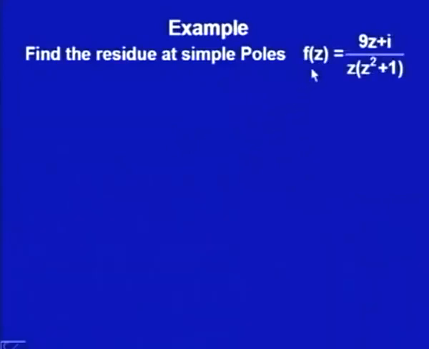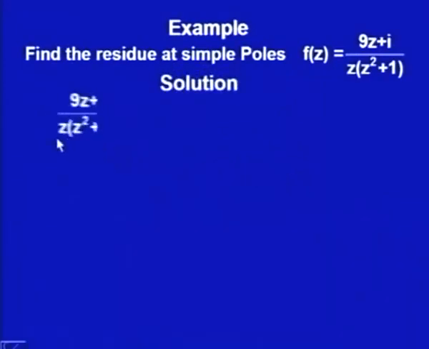So let us see one example. Find the residue at simple poles for the function f(z) as (9z plus i) upon z into (z squared plus 1). We are just going to find out the residue without really finding out the Laurent series or really integrating the function.